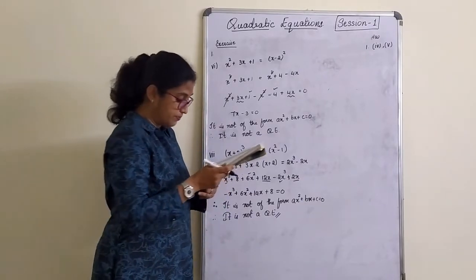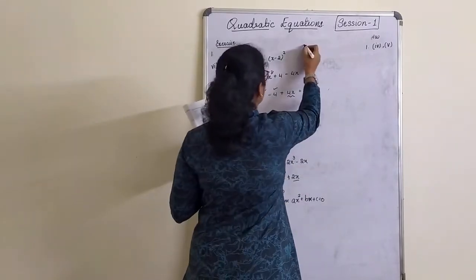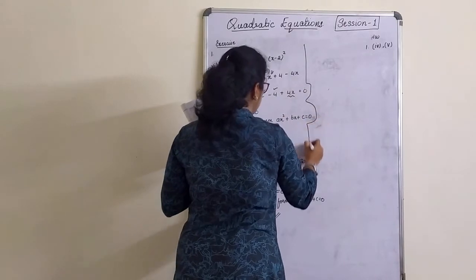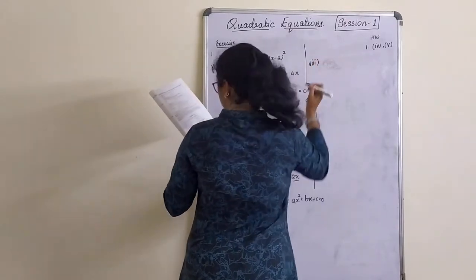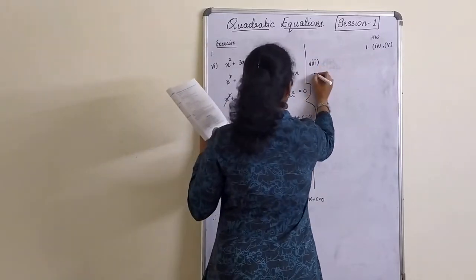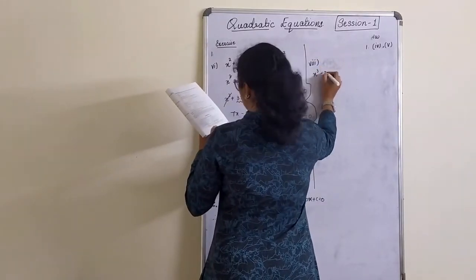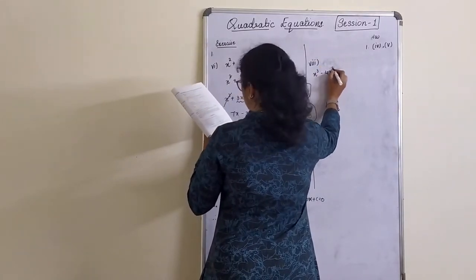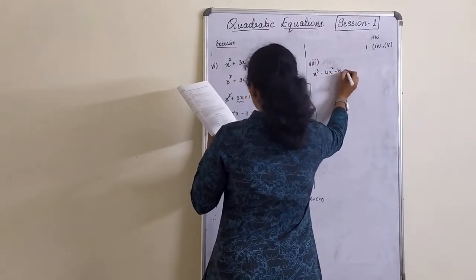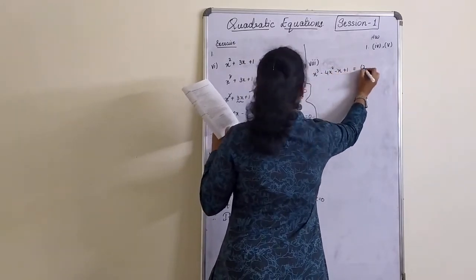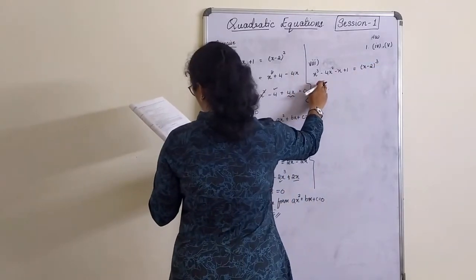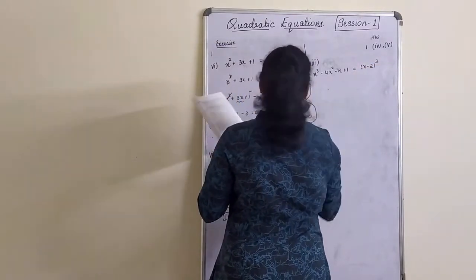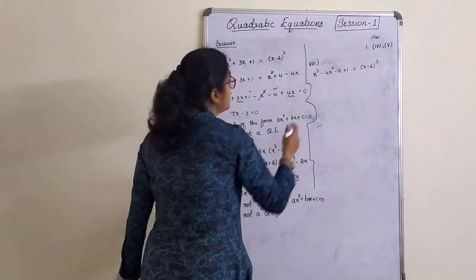And the last one, the eighth one, is again similar. X cube minus 4x square minus x plus 1 is equal to x minus 2 whole cube.